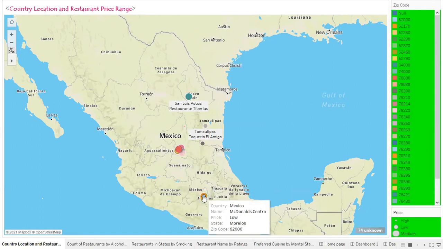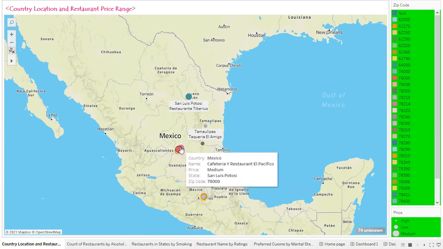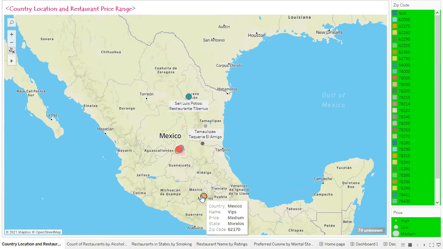And then we have another state here, Morelos, and the price there is quite medium. And then we check here, the price is medium for a place that's really quite populated. That's something we need to look at.